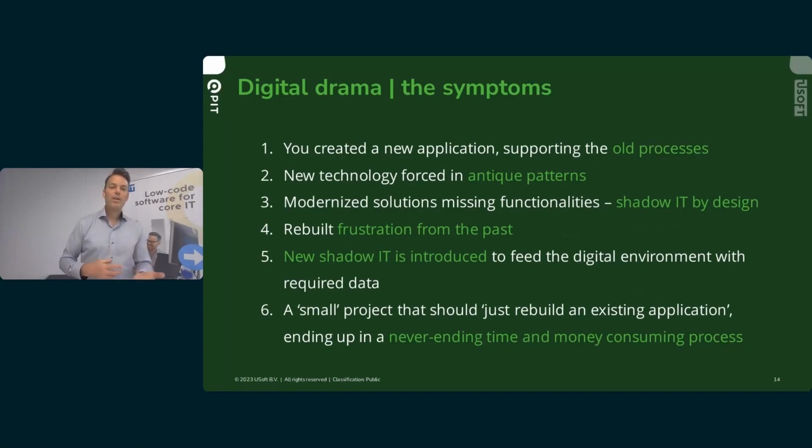Or you have a modernized solution missing functionalities. So you introduce shadow IT by design because you didn't take the effort and the time to look into the current shadow IT or the current functionalities that are missing. And in that way, you also rebuild frustration from the past.